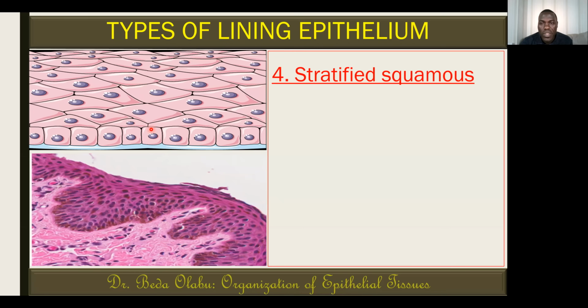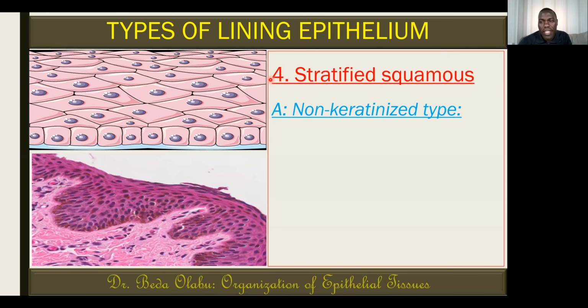Think about those regions, maybe for the next 10 seconds. Just have them in your mind. Again, you don't have to write in the chat. All those regions we are thinking about that are likely to experience friction are expected to have stratified squamous epithelium. So it's an epithelium that's adapted to withstand friction.